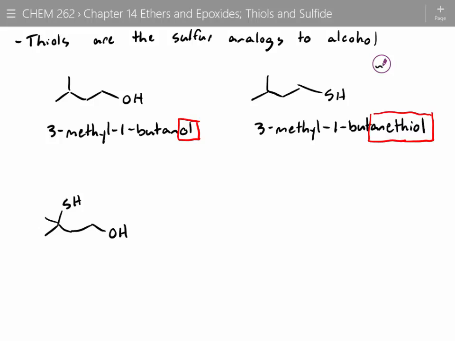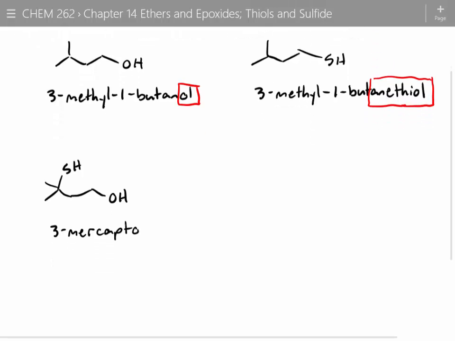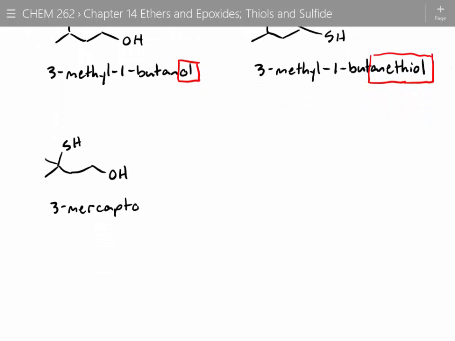Well, if we run into that, then we call this 3-methyl. Oops, sorry, cross that out. My mistake. It's 3-mercapto. Way different. So it's 3-mercapto, 3-methyl, 1-butanol.